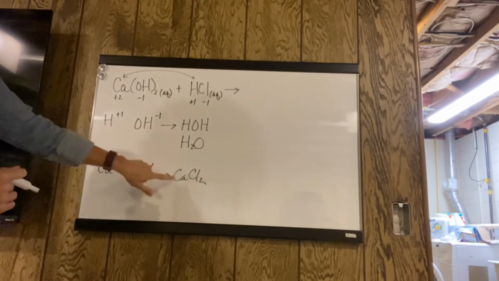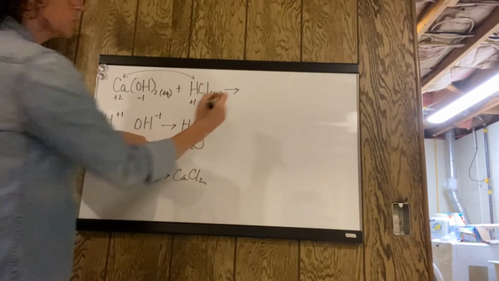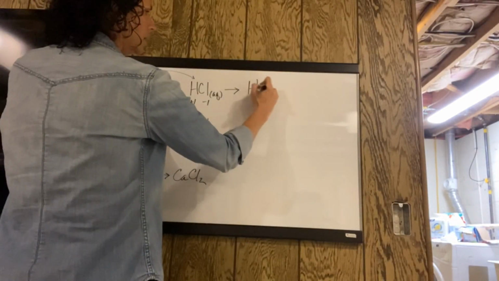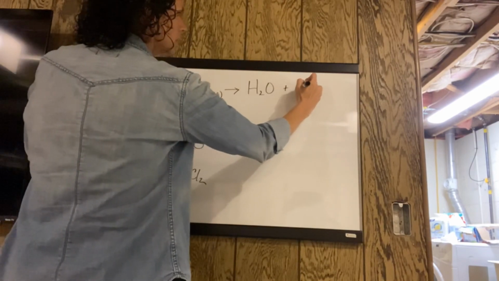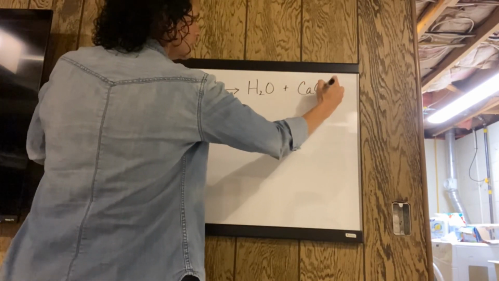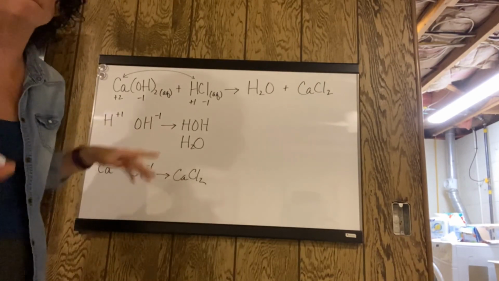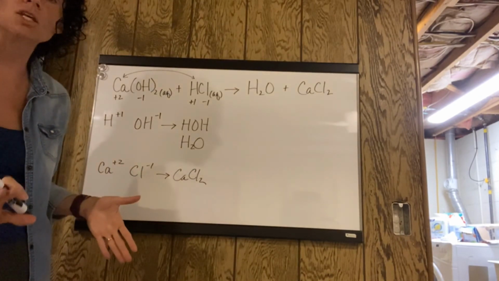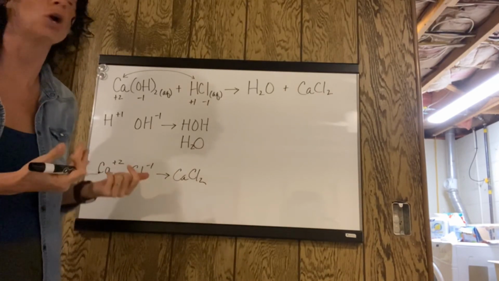So these right here are the 2 products for this reaction. So I'm going to go ahead and write those up here. H2O plus CaCl2. Once again, this reaction is not balanced. We're not balancing the equations yet. We're just making sure we know how to write the product formulas correctly.